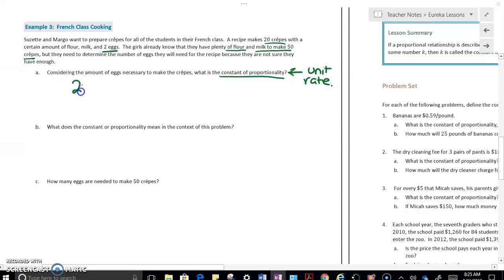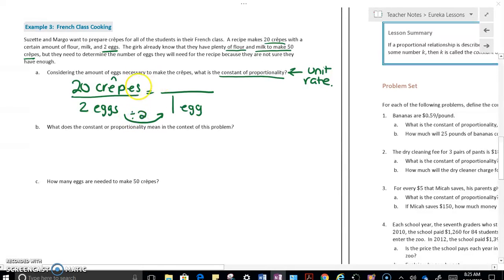Well, if we know that there's 20 crepes in a recipe that requires 2 eggs, then to figure out for 1 egg, 20 divided by 2 is going to be 10 crepes per egg.